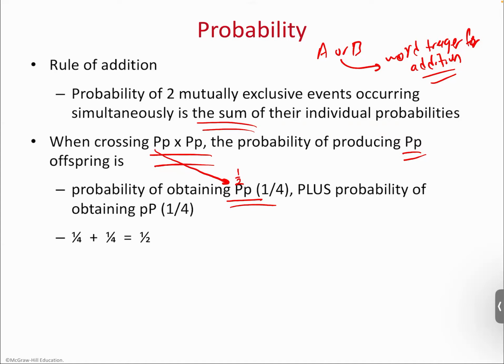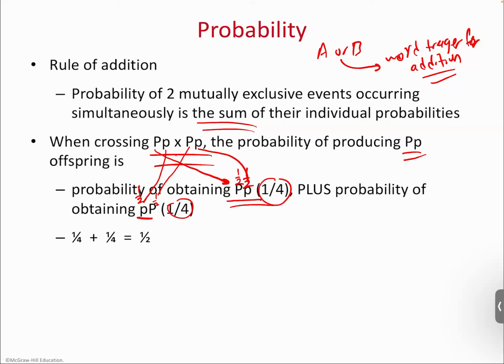So what's the chance of getting a little p from the other parent? Also 50-50, right? So the probability of forming both of those together is going to be 1/4. However, the probability of getting little p from the first parent is still 1/2, and a big P from the other parent is 1/2, again 1/4.